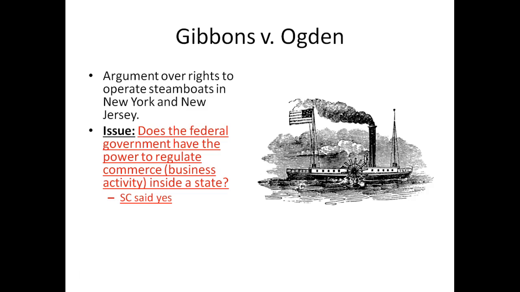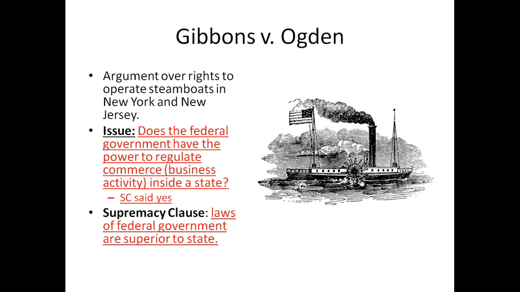Essentially what they said was, yes, Congress has that power between the two states, but if Congress can't also regulate what's happening inside of the state, it's not going to be able to regulate between two states. So this led us to the Supremacy Clause, saying laws of the federal government are superior to those of the state governments. And that is it for today.